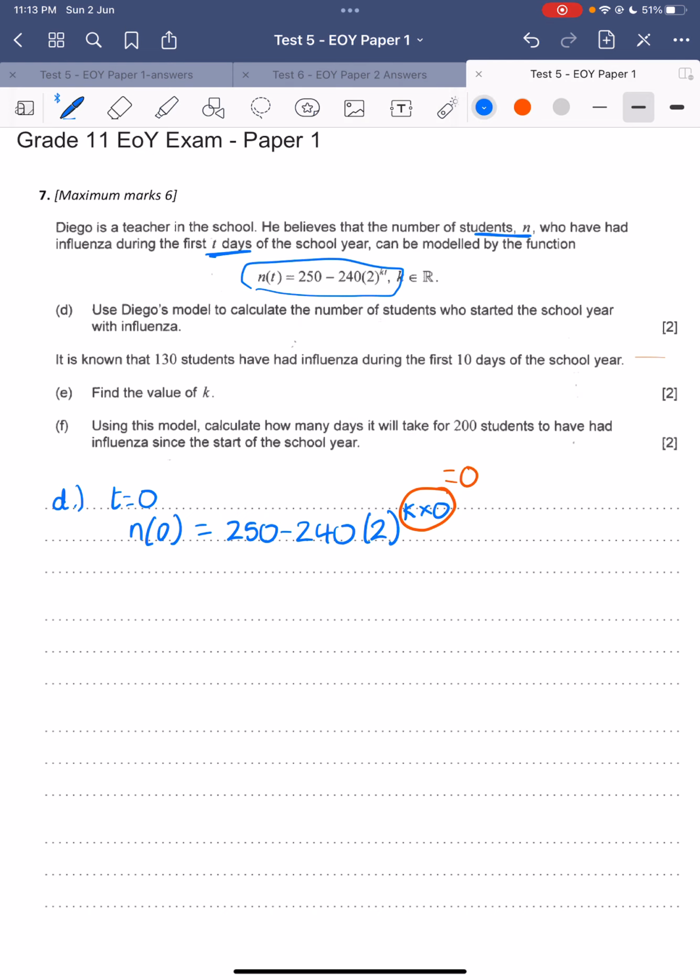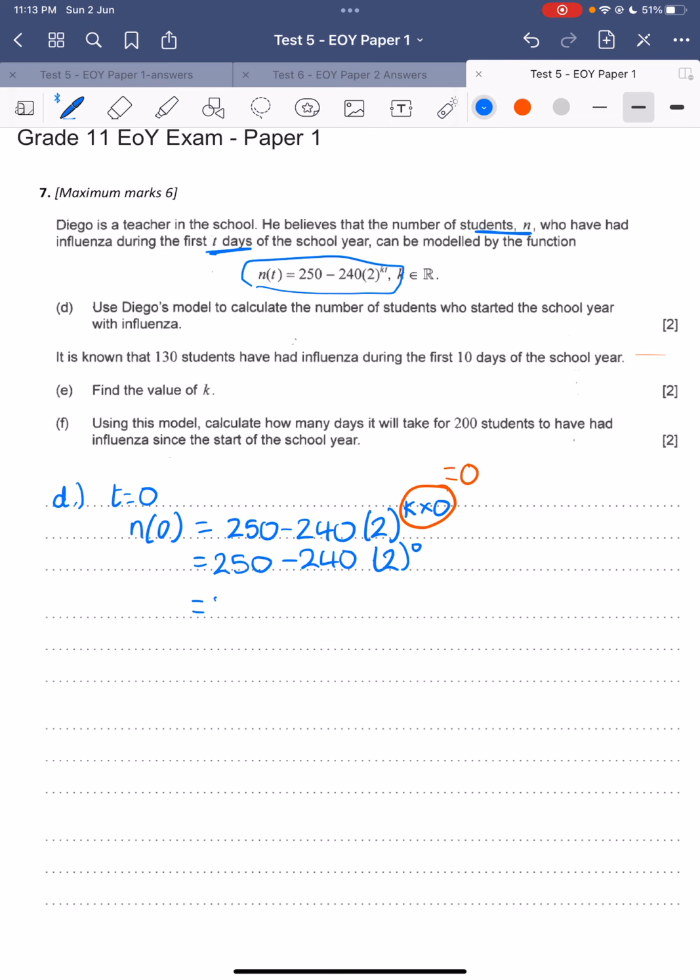And therefore, this is just equal to 250 minus 240 times 2 to the power of 0. And now you can type that into your calculator, or you can just do it by hand, and that gives you 10.